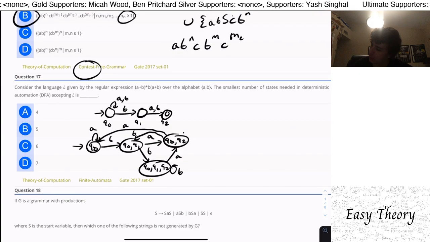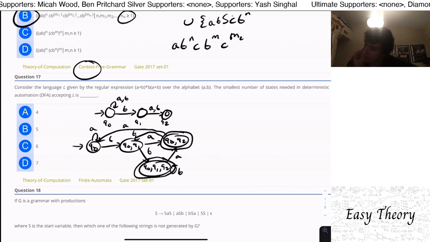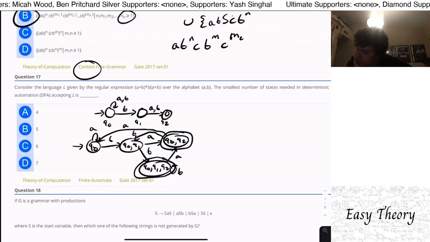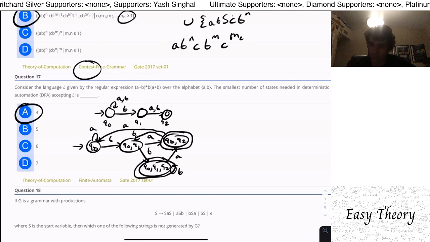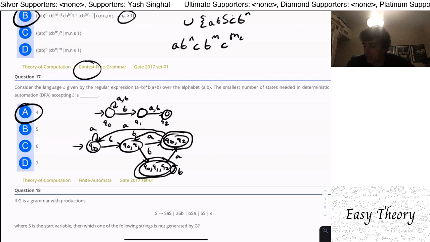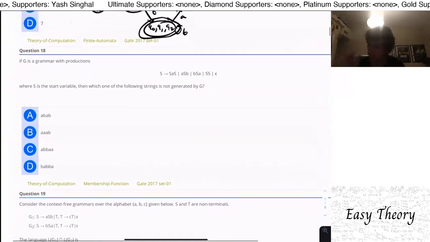So the final states are the ones that include 2 in them. So we can accomplish it with 4 states, I think. Because the smallest answer is 4, and we got it with 4 states, so that's good.